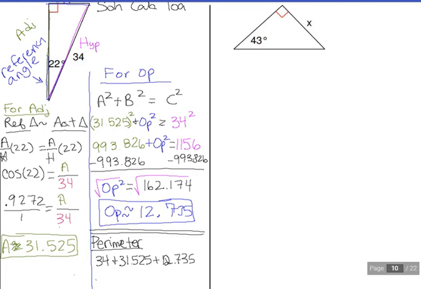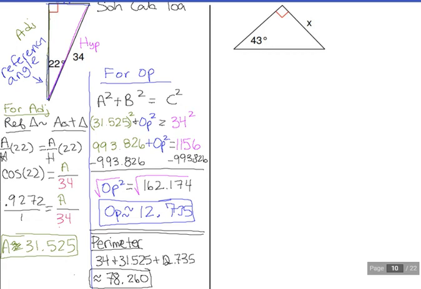And so we have a total perimeter of approximately 78.260. I'm saying approximate only because I know I'm doing a lot of rounding, therefore that value is going to be an approximate one.